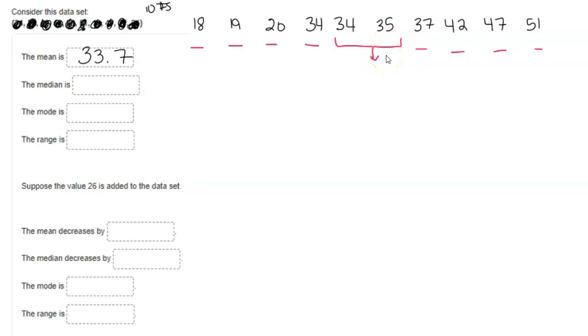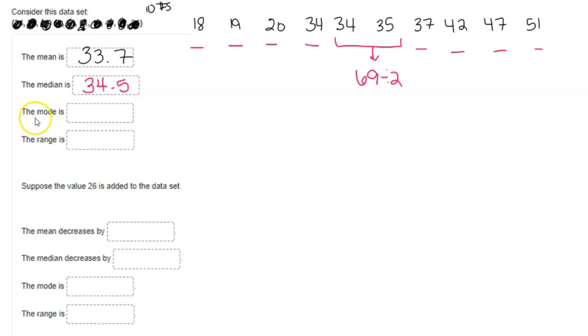When you have two numbers smack in the middle, you need to add them up and divide by 2. So that is how you figure that out. So we have 69 divided by 2. My calculator's on my other screen, so I know you can't see it. 34.5. So that's my median.